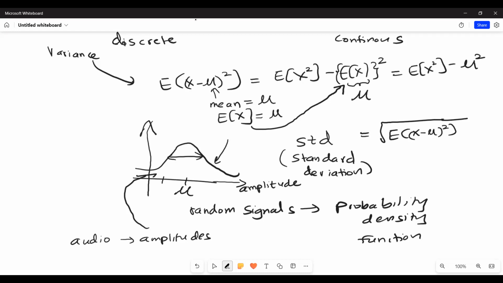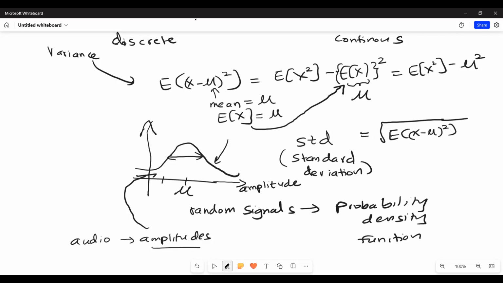So I can say this specific mean amplitude is happening frequently in this audio signal. Apart from that, I can ask what the variance of this amplitude variation is, how the amplitude varies with time around the mean, the average value. So by plotting the probability density function of a certain random signal, I can understand its mean and its variance, right?